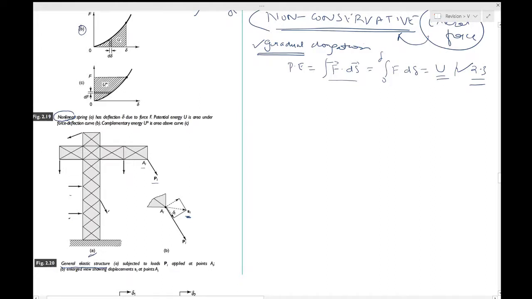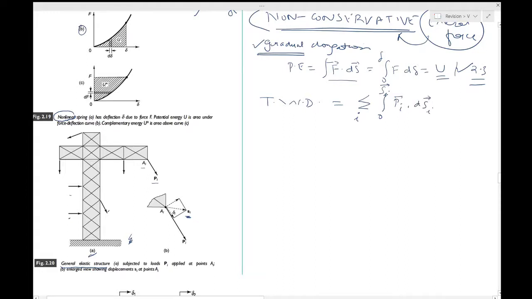If during the loading process the displacements Si are permitted to grow slowly, again for the same reasons, through a sequence of equilibrium configurations, the total work done by all the external loads for this elastic structure would be the integral, from 0 to Si, of the vector Pi dot dSi.